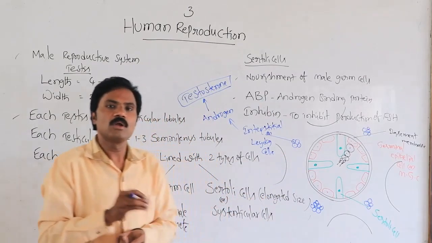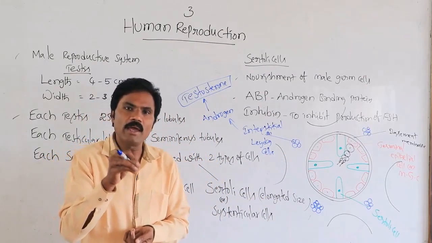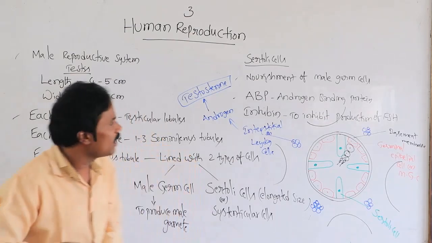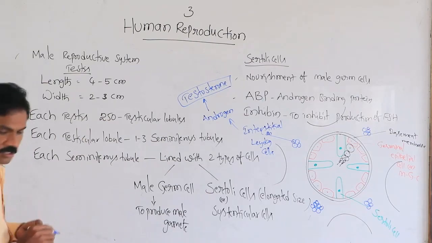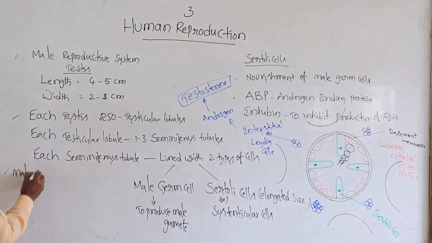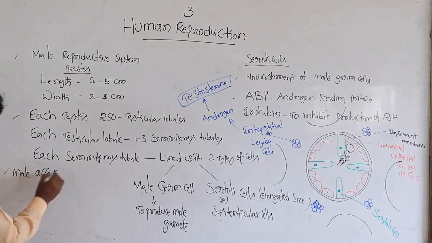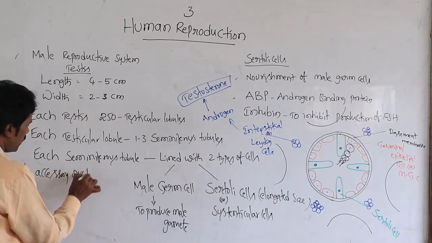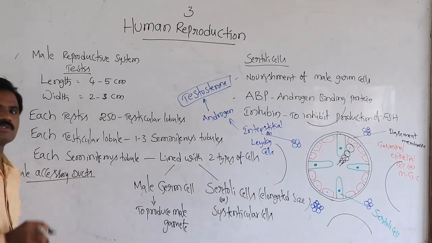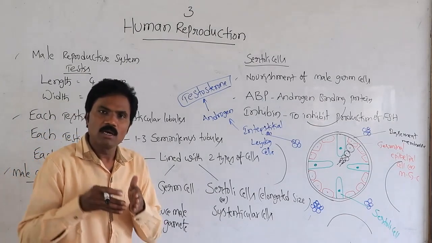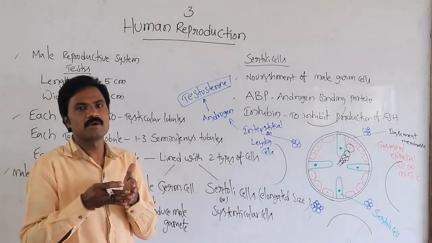Then along with this, what are the male accessory ducts? Already in the last class we discussed the accessory ducts, and you should remember their particular order, from where to where.